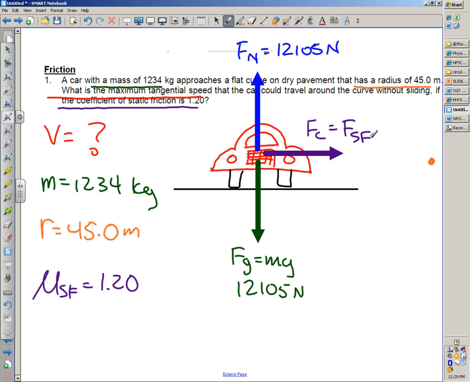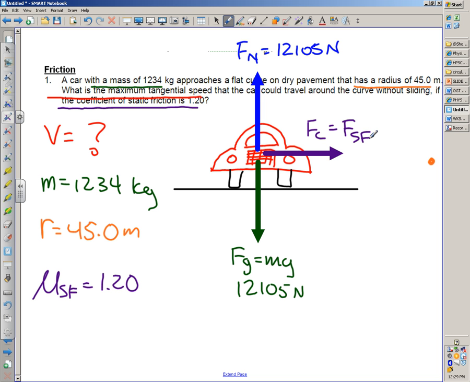That arrow represents static friction. It just so happens that that static friction is acting towards the center of rotation, and that makes it the centripetal force. Does that make sense? Don't confuse it in the fact that there's two arrows. It's one arrow. It's one force. It's actually friction, but because it points towards the middle, that makes it centripetal force.